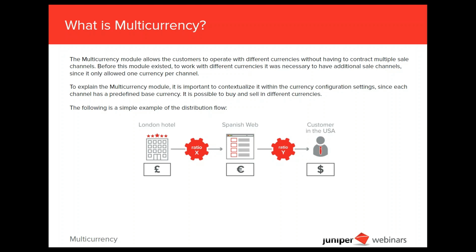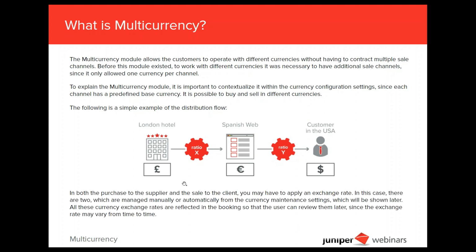So to explain this, we have this little example of a distribution flow. We start with a hotel in London that sells to the Spanish web, that is a way to call the Juniper client, and this Juniper client also sells this product to their customer in the USA.